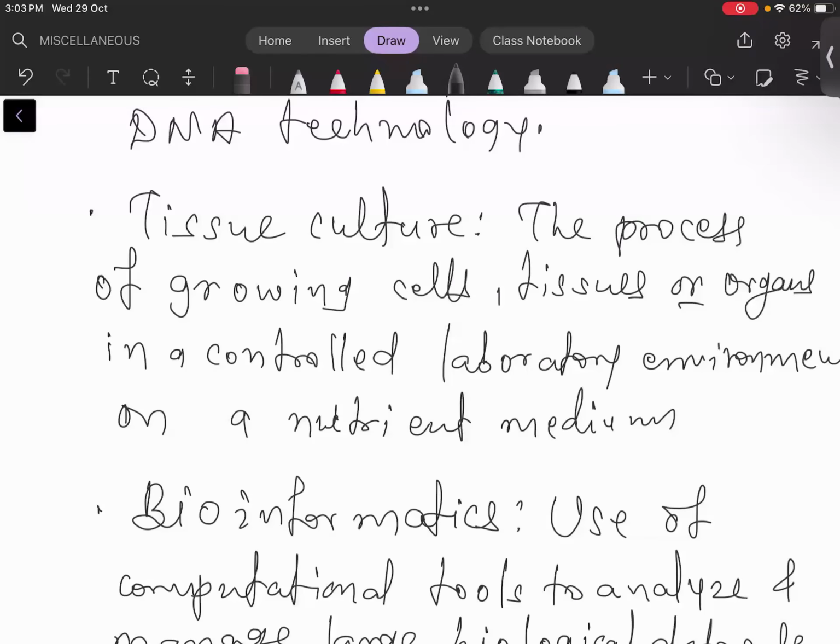Used in forensics, forensic biotechnology. Biotechnology used in genes is called genetic engineering. Then bioprocessing is there, and bioinformatics is there, right?